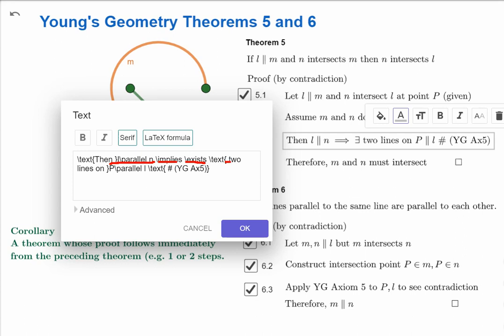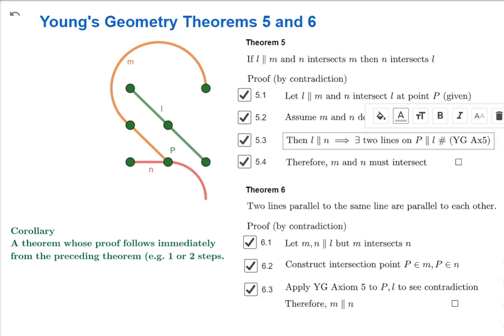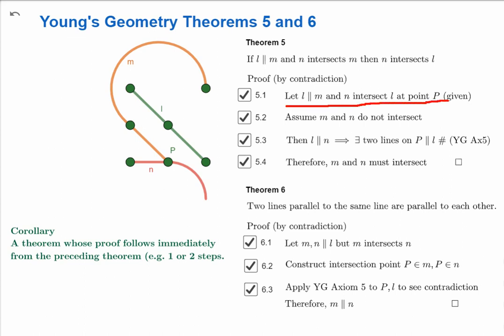Notice I'm putting the space there, 2 lines on, another space here, and then P parallel to L, and then back to text with the contradicts. So yes, it can be a little annoying to type the text boxes in there, but for me it is really truly worth it, because you get these nice boxes where the LaTeX symbols are nicely in line with everything else. Okay, so some pro tips there about how to make your text boxes nice, and letting you know what the idea of a corollary is.